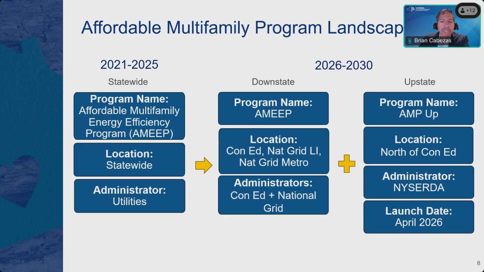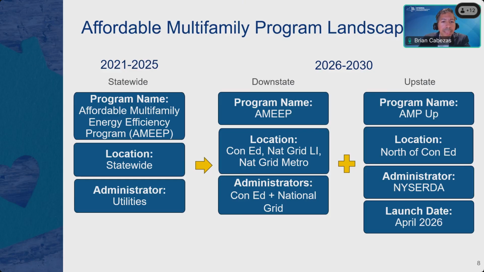This slide is really just intended to illustrate the transition of the affordable multifamily energy efficiency program and the transition in the statewide offering there. So in terms of open enrollment, affordable multifamily energy efficiency programs for existing buildings, I know that's a mouthful, what we were offering in 2021 to 2025, we had the Affordable Multifamily Energy Efficiency Program that was open to projects statewide, and it was administered by the investor-owned utilities, both upstate and downstate.